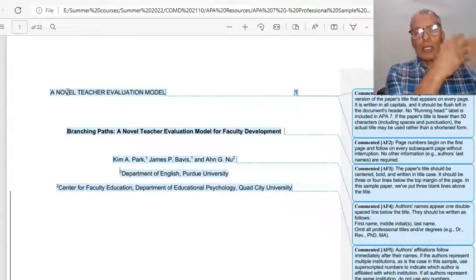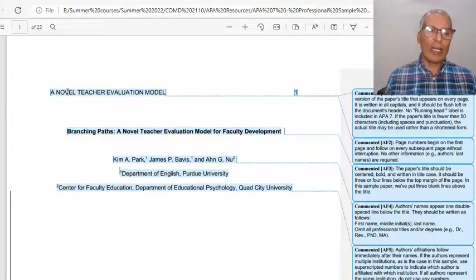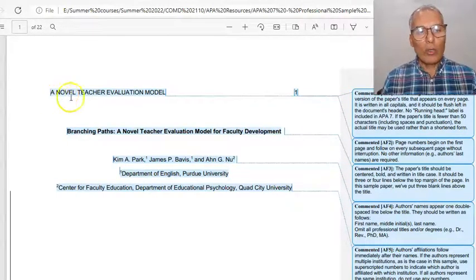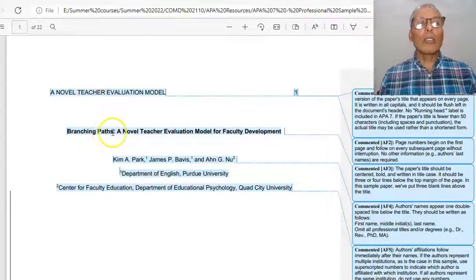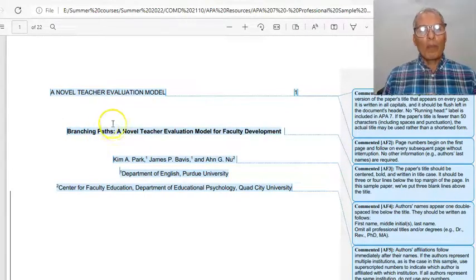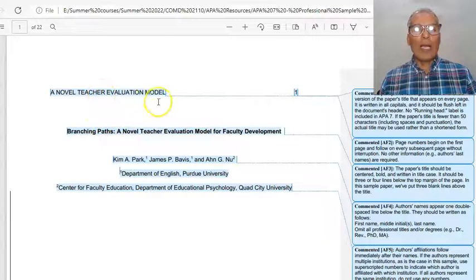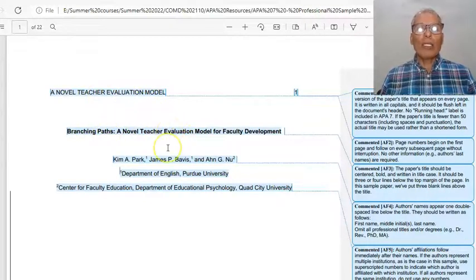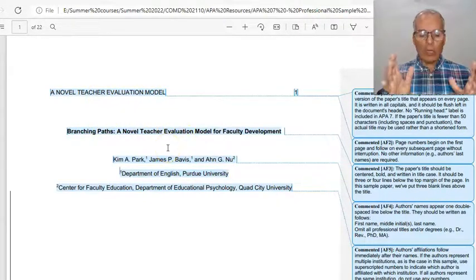If you have a format and it says running head, it means put your running head here, but do not write the words running head. So this is a novel teacher evaluation model. You notice branching paths, a novel teacher evaluation model. The running head can be a part, the most important part of your title, and it doesn't have to be the complete title, but it has to give the most valuable piece.